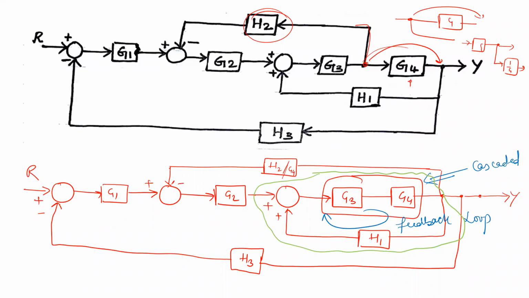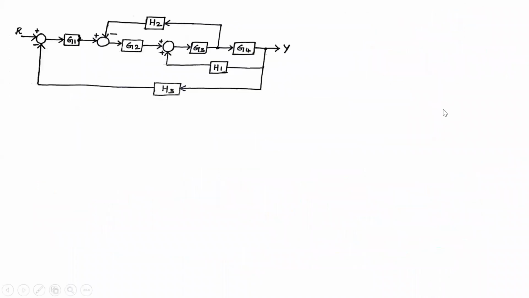Because we had shifted this part to this part, and this was divided by G4 here, now we will try to draw this once again. We have the summing point here, then a block with gain G1, and then again a summing point.